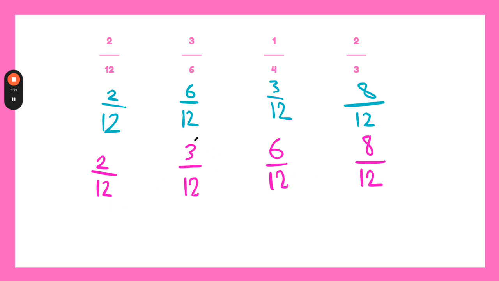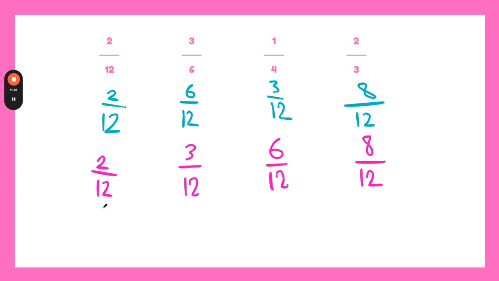So if you remember, 3 over 12 is the same as 1/4. 6 over 12 is the same as 3 over 6. And 8 over 12 is the same as 2/3.